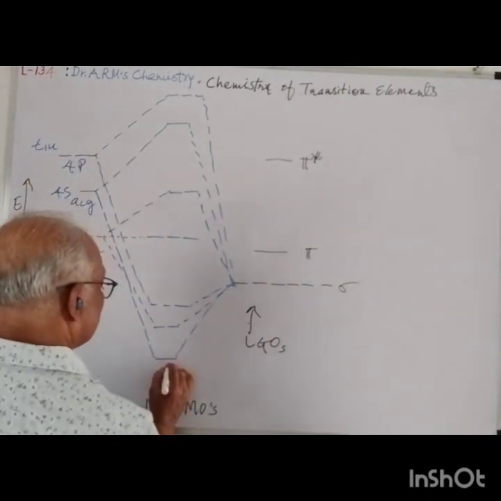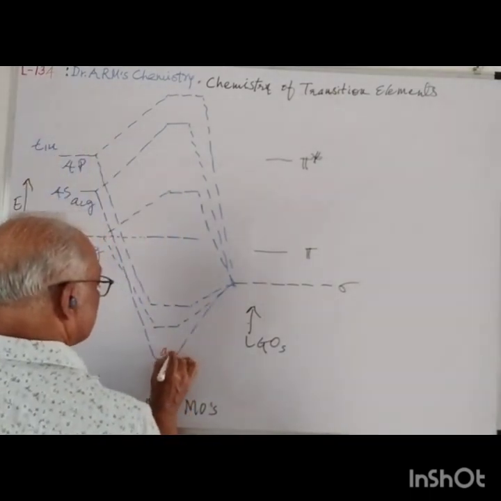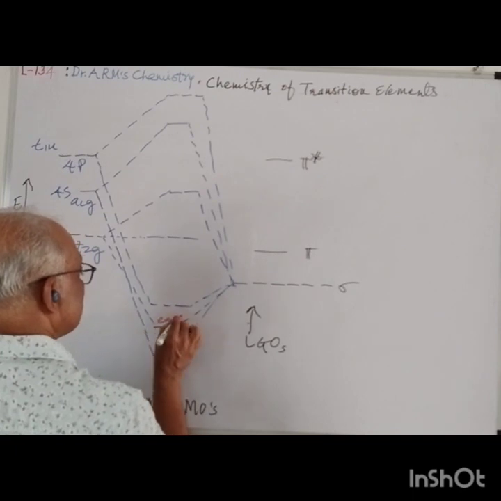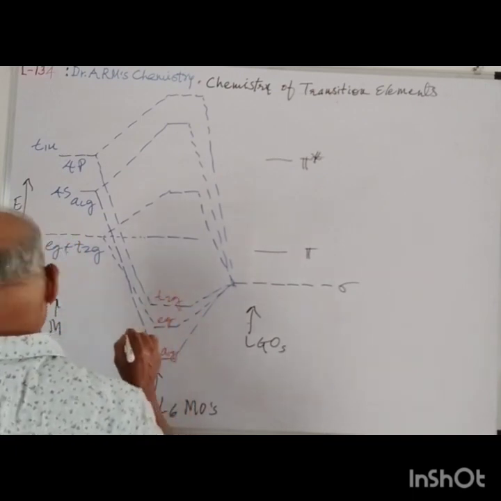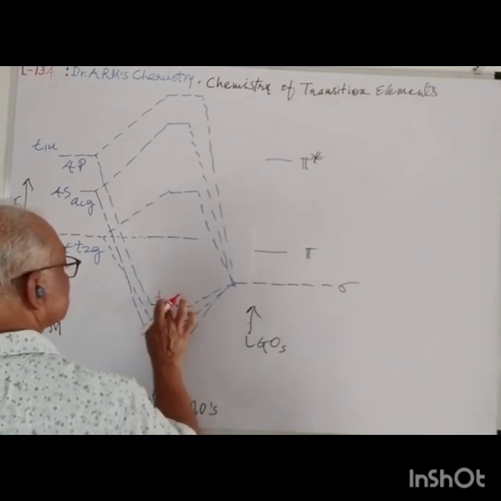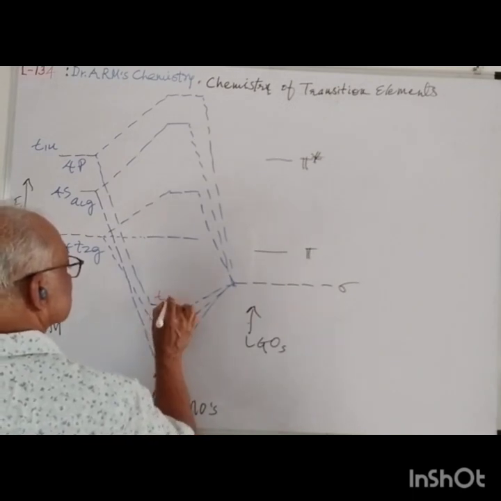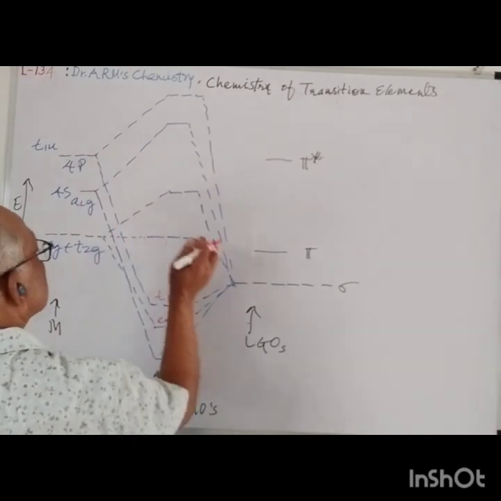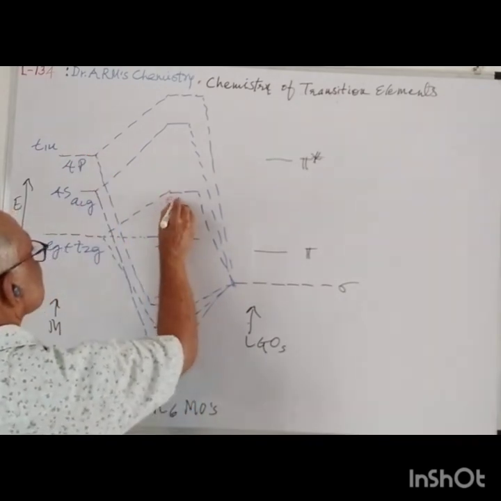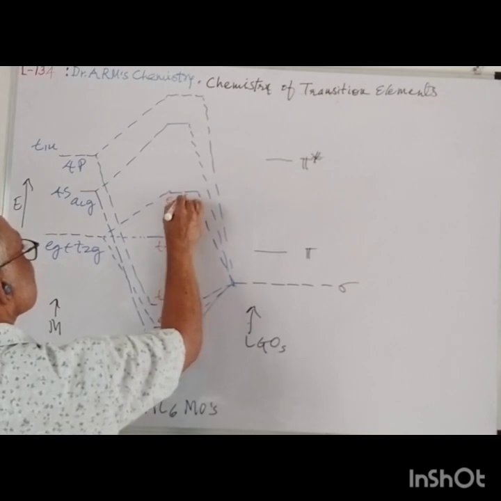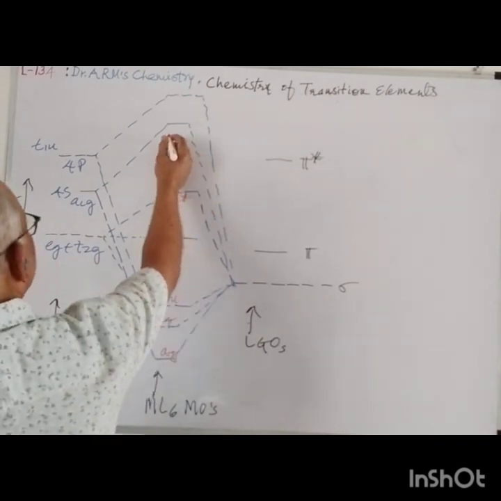We will label it like this: A1g, Eg symmetry, T2g orbitals, and T1u are obtained from this. These are T2g non-bonding. This is Eg star, that is antibonding.